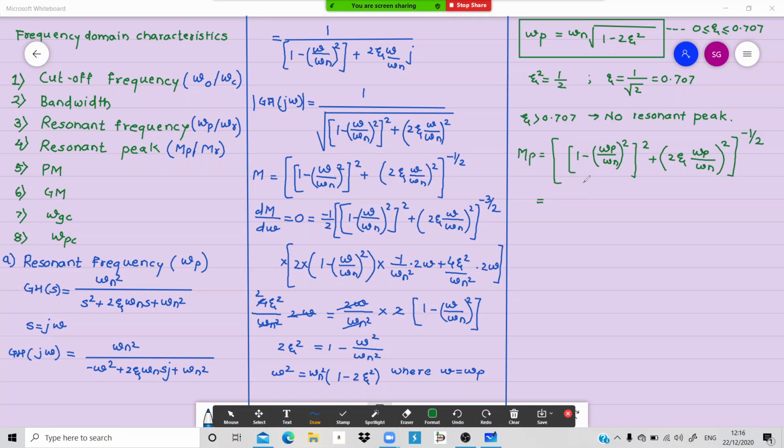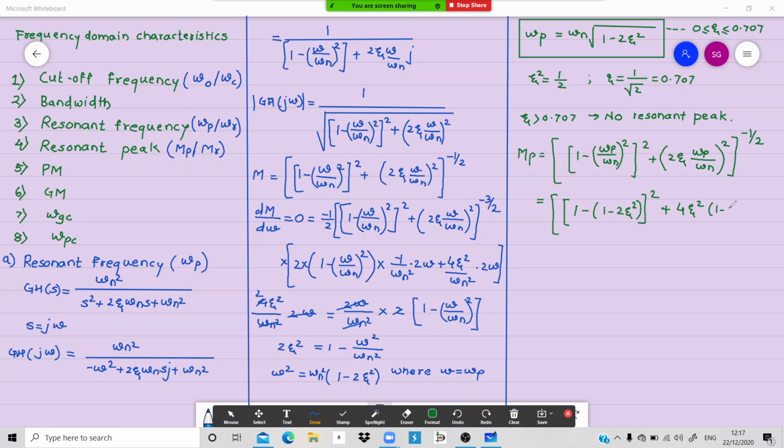Correct? So we know the value of omega p upon omega n, that is under root of this, and square of that, so no need to worry, we'll just remove that square root sign. So it will be 1 minus 2 zeta square, and square of this whole thing, plus 2 zeta. So instead of 2 zeta, I'll say 4 zeta square, omega p upon omega n square of that.